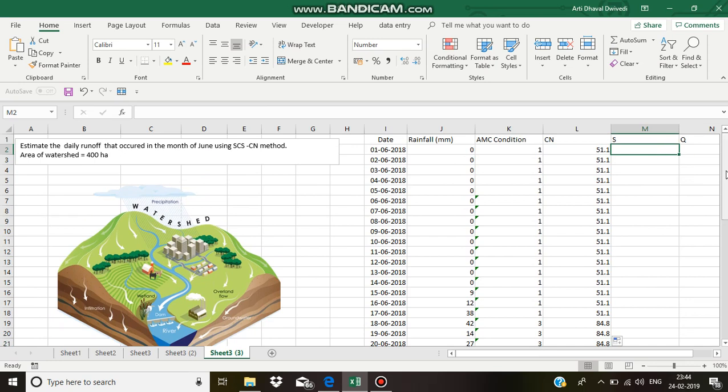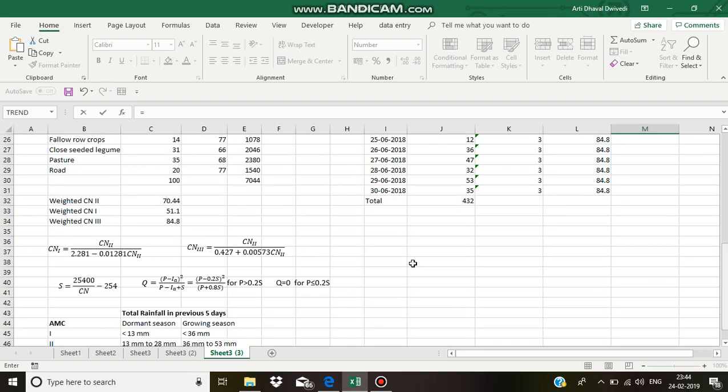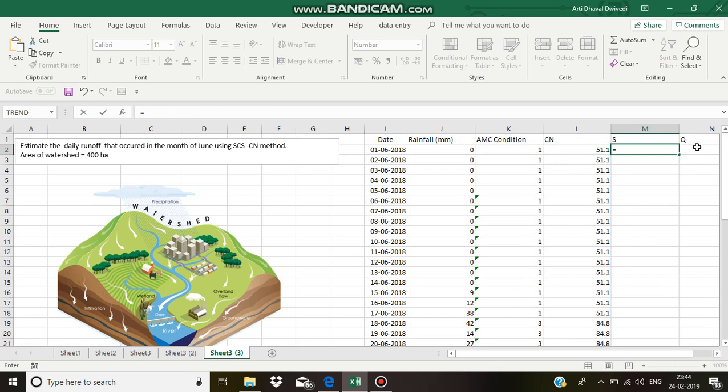Now, potential maximum retention S is calculated using this formula: 25400 divided by CN minus 254. 25400 divided by the curve number value minus 254. So this value is obtained in millimeters.